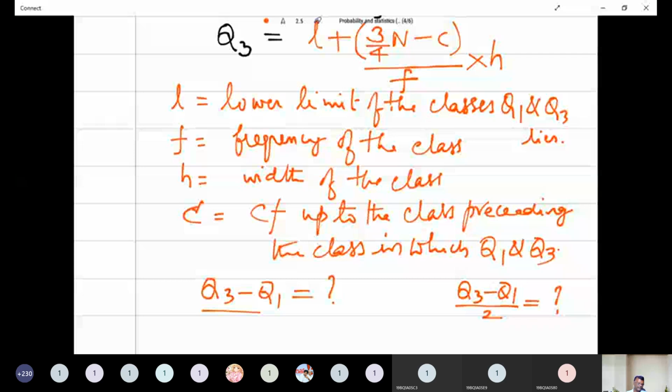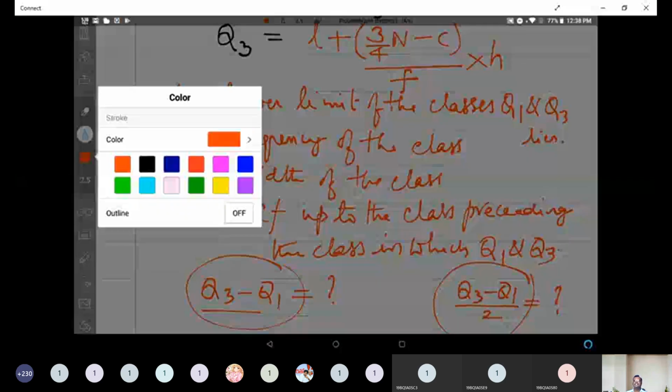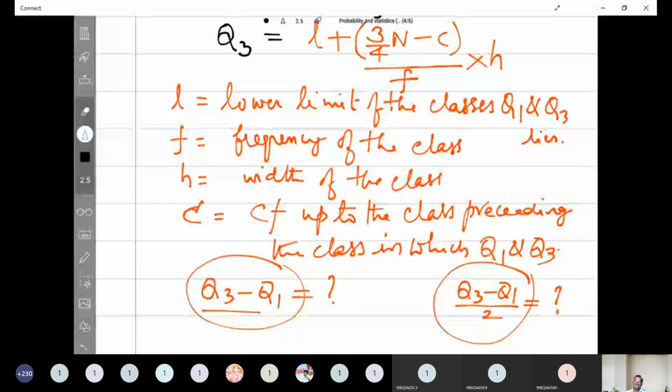That is very, very important. Anyone can give? What is the difference between Q3 minus Q1 and the average of Q3 minus Q1?